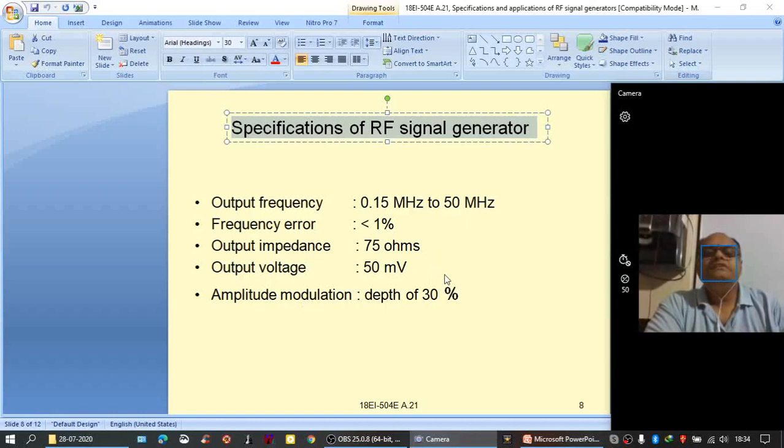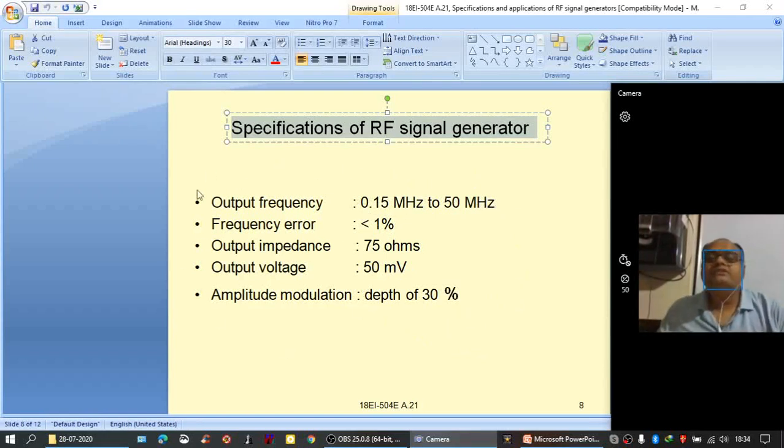Output voltage is 50 millivolts RMS, and depth of modulation is 30% in case of amplitude modulation. As I told already, the values vary for various manufacturers.